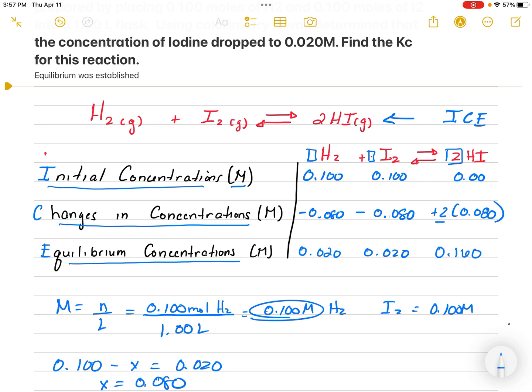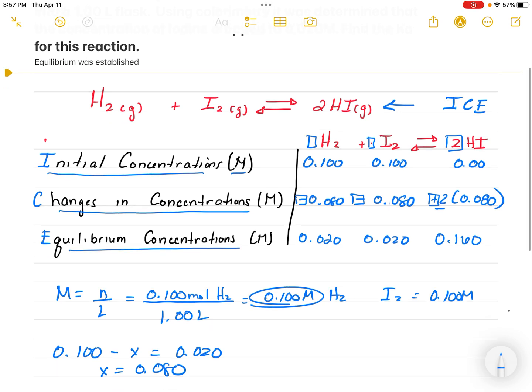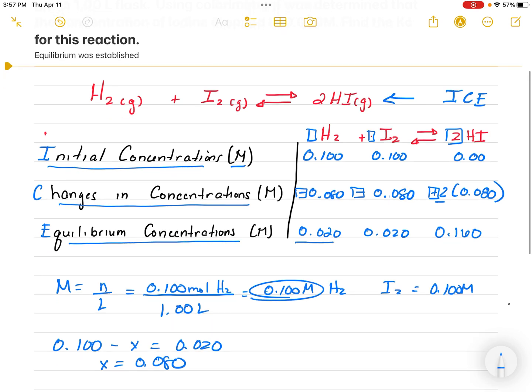Remember that when this reaction is happening, the products are being formed and the reactants are disappearing. So it makes sense that the reactants are going to have a negative value and the product is going to have a positive value because these products are forming. So with this simple setup, now we know our molar concentrations at equilibrium.